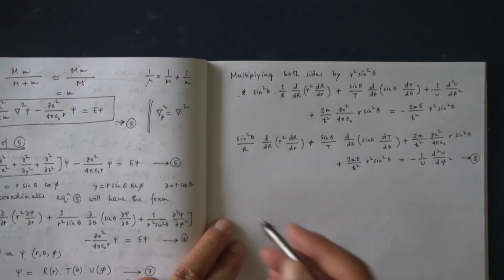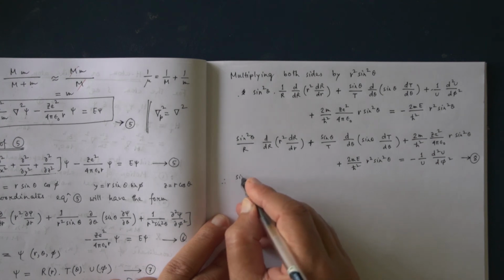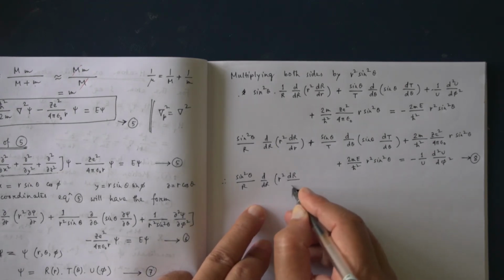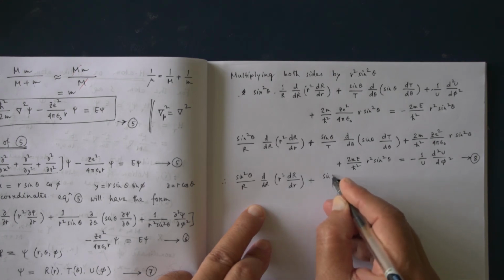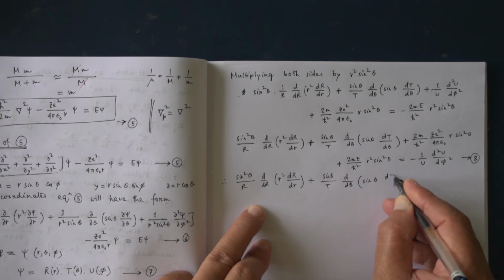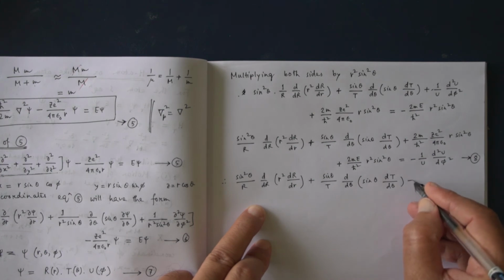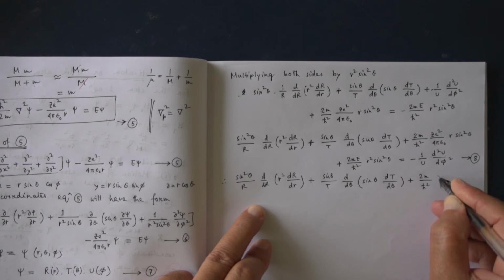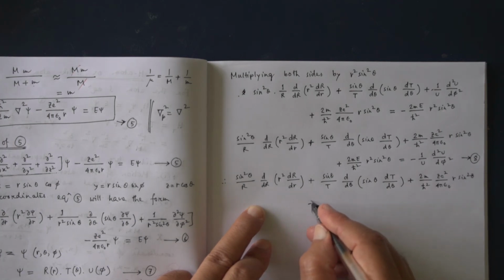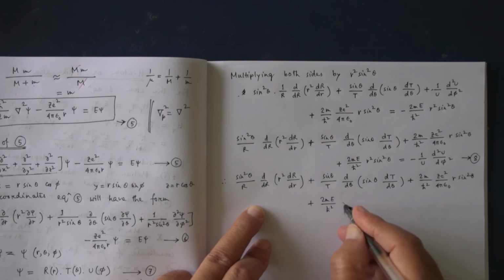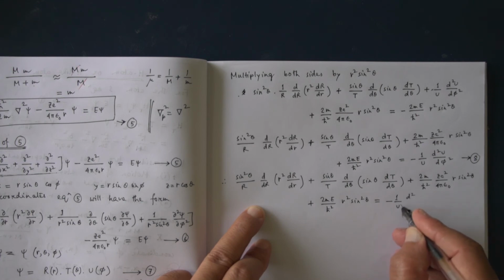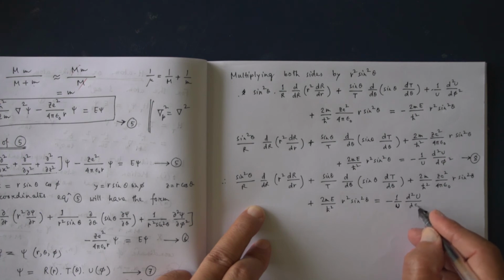So we can write that sin²θ by R d/dr (r² dR/dr) plus sinθ by Θ d/dθ (sinθ dΘ/dθ) plus 2m by ħ² Z e² by 4π ε₀ r sin²θ plus 2mE by ħ² r² sin²θ equals minus 1 by Φ d²Φ/dφ².